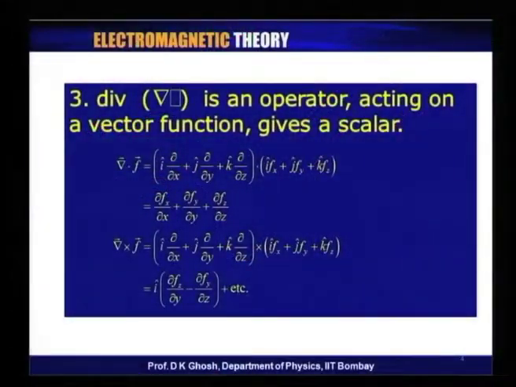So, on the right hand side of the dot, I expect to see a vector function, and if vector f has components f x, f y, f z, then del dot f, or the divergence of f, gives me partial f x with respect to x plus partial f y with respect to y plus partial f z with respect to z.